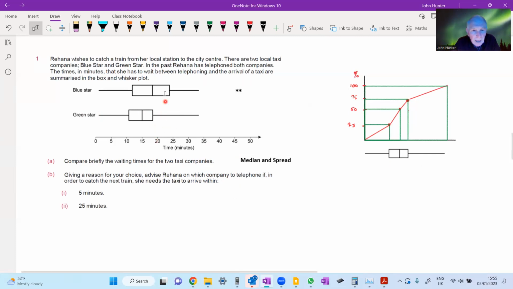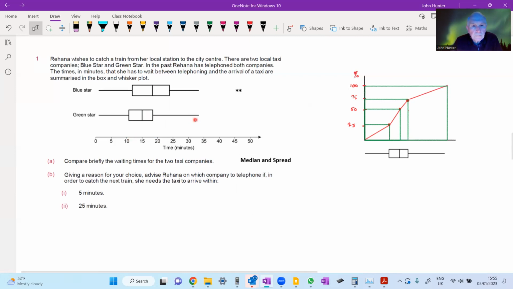So what we're saying here is that in comparing these two, Blue Star has a higher median, and Green Star has a lower interquartile range, the range being a single number, being the difference between that 18 and that 12, 11 there.